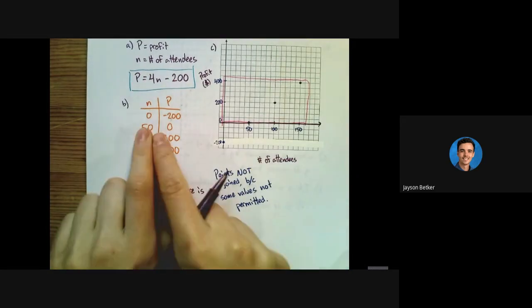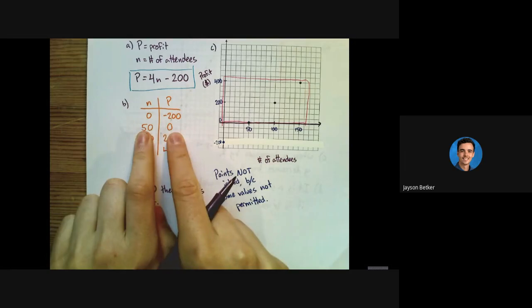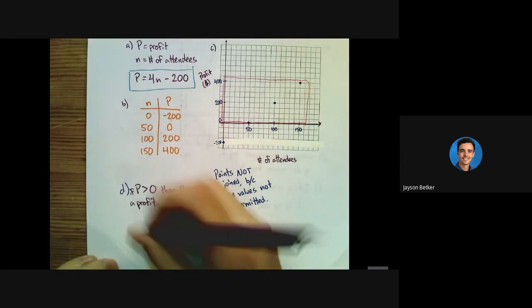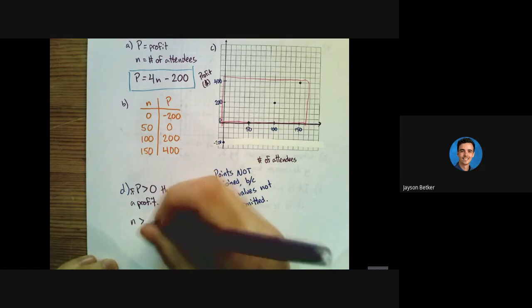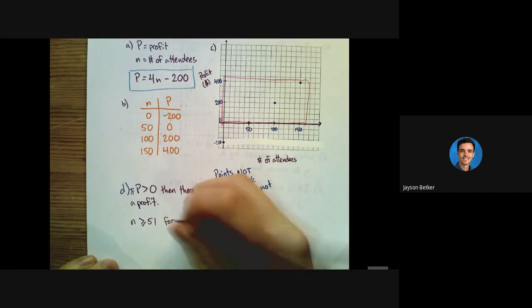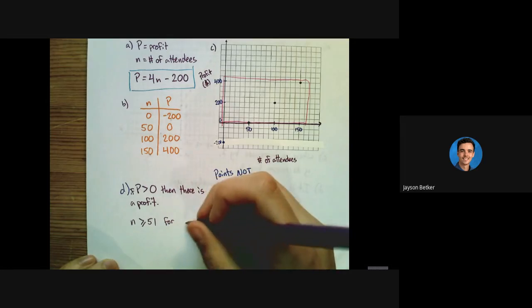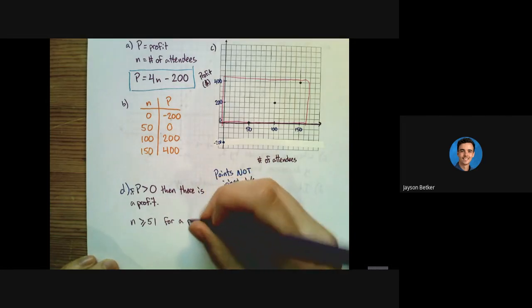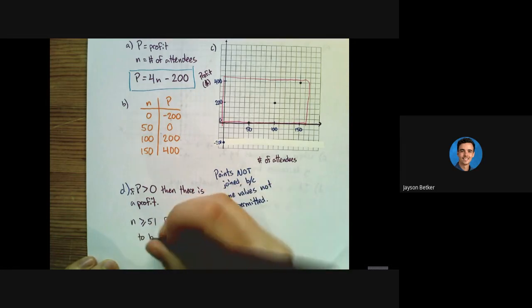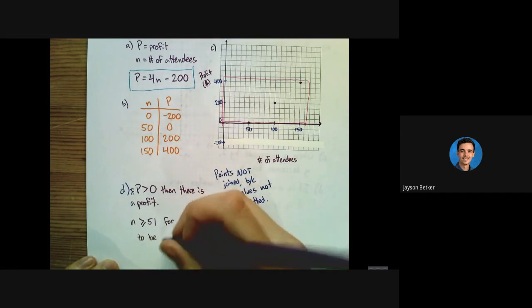We know that 50 ends up at 0. What's the next biggest that we could make? 51, right? So n has to be equal to or greater than 51 for a profit to be attained.